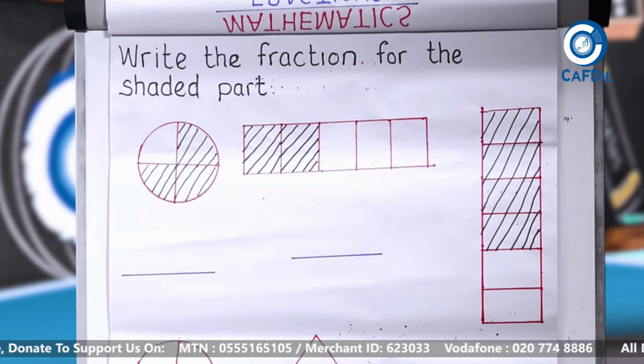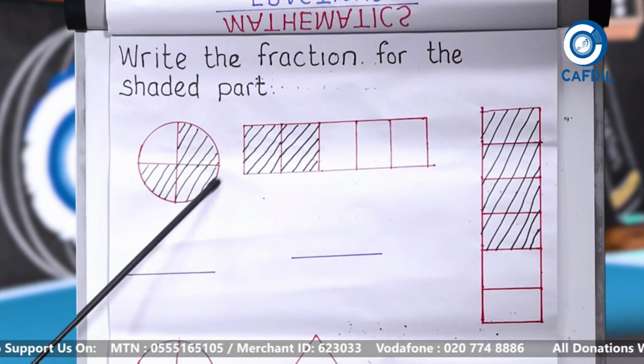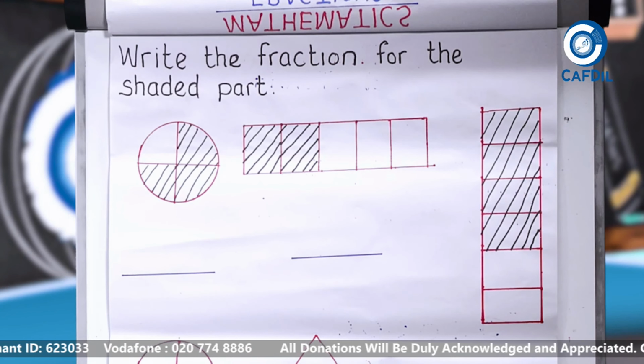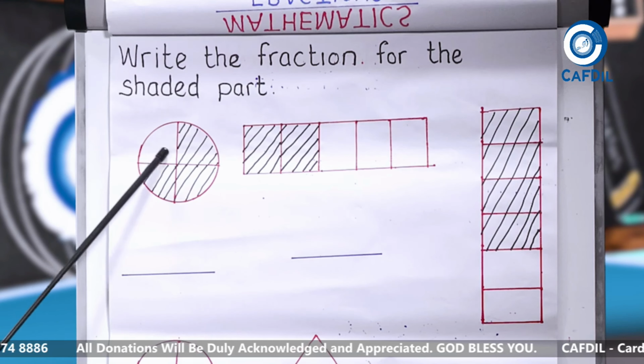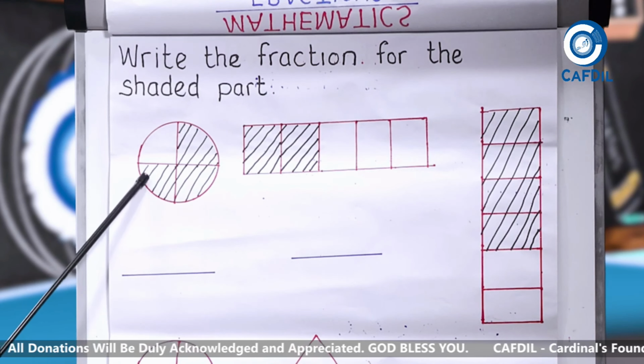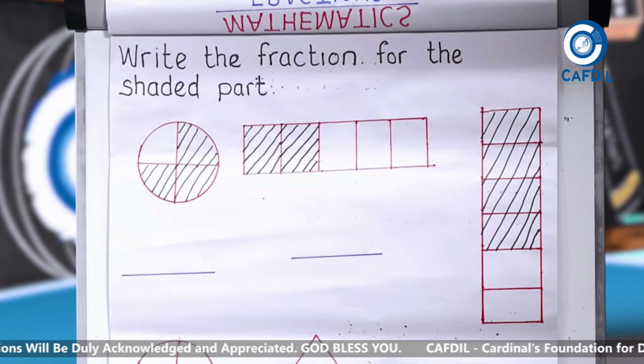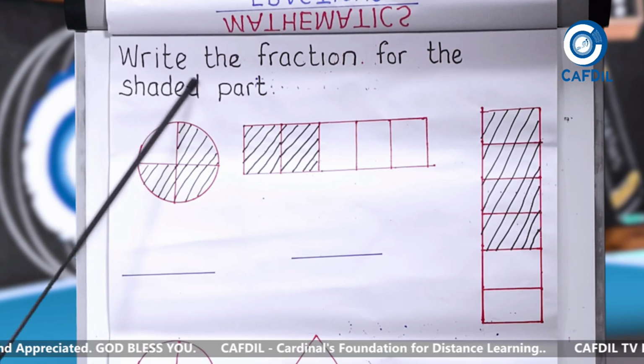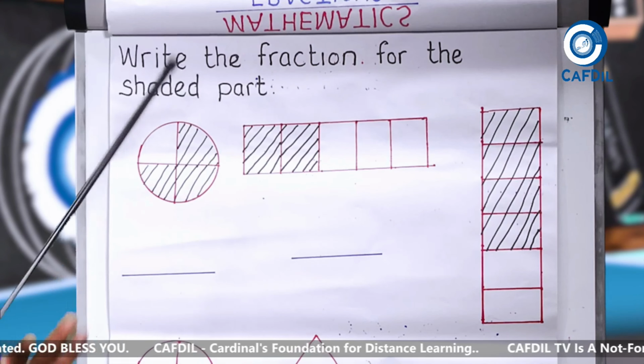So it means that the circle here has been divided into 4 equal parts. And the 4 equal parts, how many parts has been shaded? That is the question. It says, write the fraction for the shaded parts.